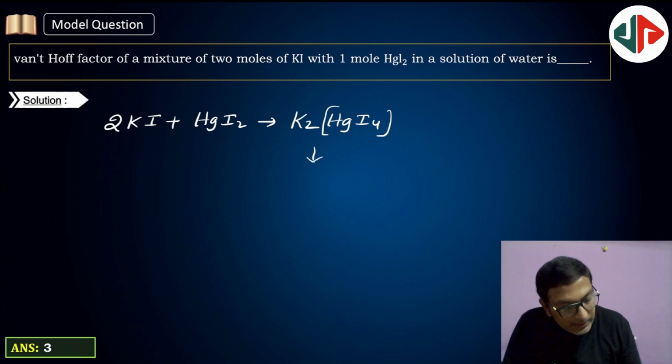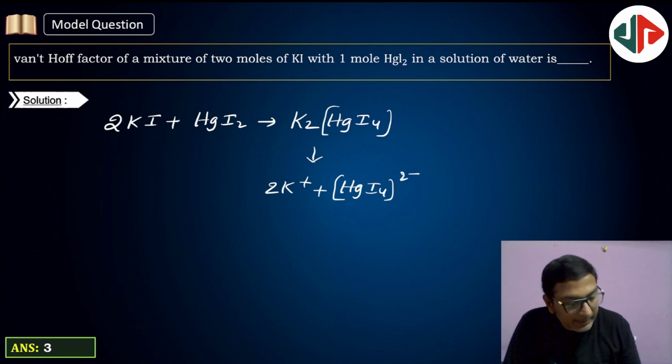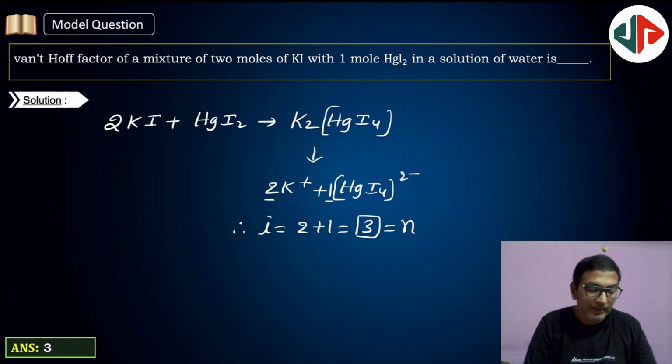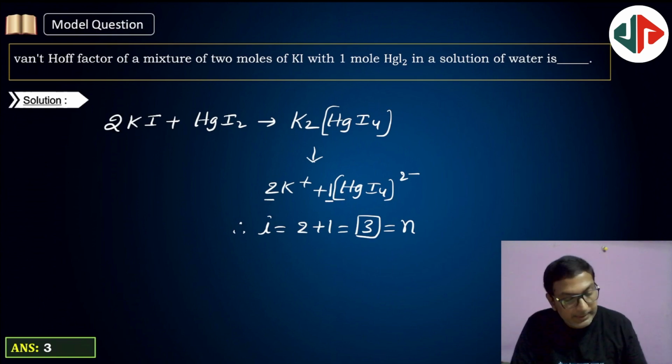So K2HgI4 dissociates to 2K plus HgI4 2 minus. So if it is 100% dissociation, the i value equals 2 ions and 1 ion. Therefore 2 plus 1, 3, which is equal to n also. So if 100% dissociation is present, i equals n, where n is the number of particles produced after dissociation. Therefore the i value equals n value equals 3.